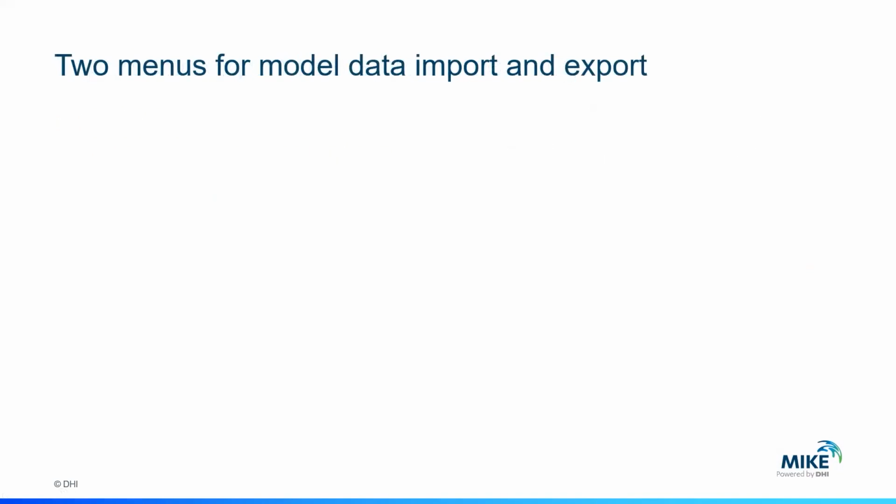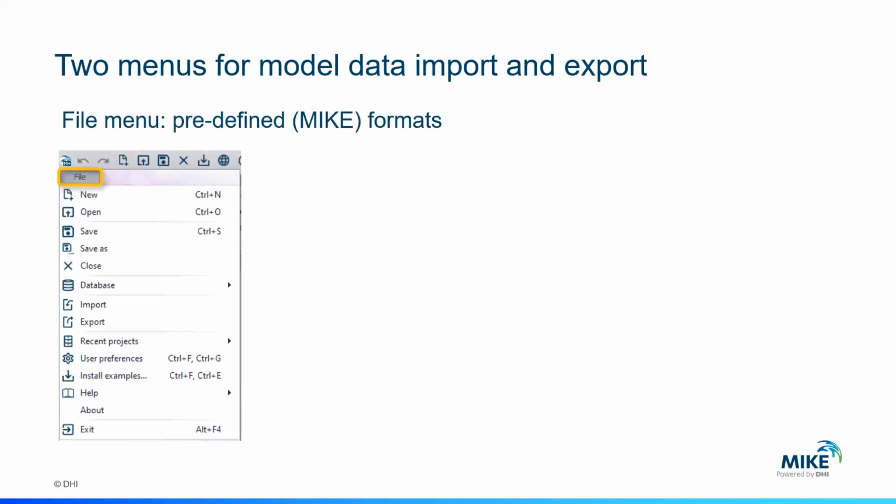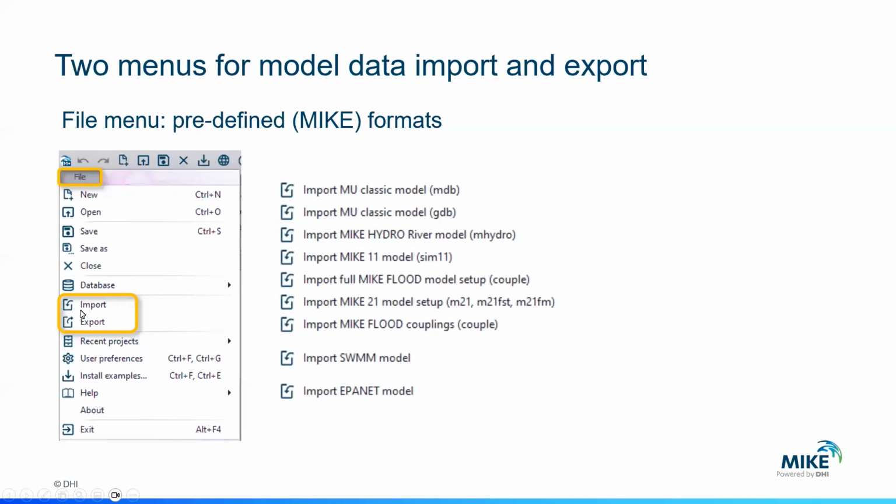Mic Plus offers two menus to do so. The first one is on the left-hand side in the File menu, and this is for predefined mic formats down there, import and export. It's almost like the Open button.